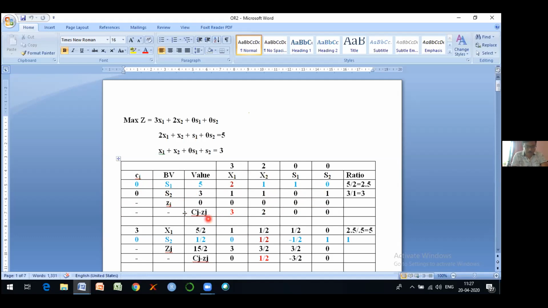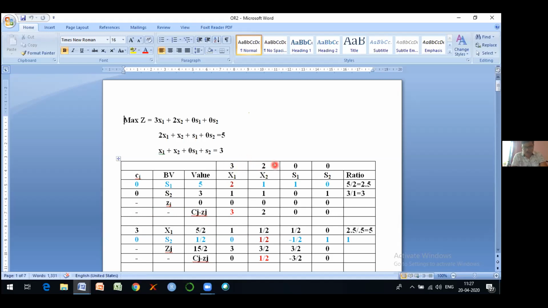Now we are coming to the fourth row. Here we'll write Cj minus Zj, not in this position or in this position, but in this position. So how is this Cj minus Zj value calculated? It is very simple.